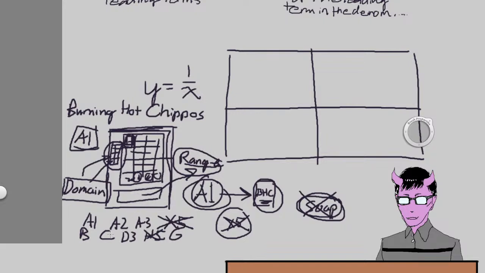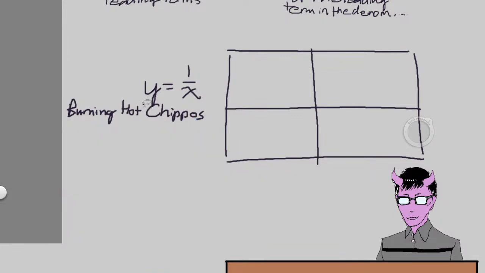So D3 works, C2 works, B1 works, but G doesn't exist, so you cannot input that into your number crunching machine. So that's a short disclaimer of what we're talking about for domain and range. Again, domain and range are just the valid numbers that you can put into your function and the valid numbers you can get out of your function if you crunch numbers in your number crunching machine.